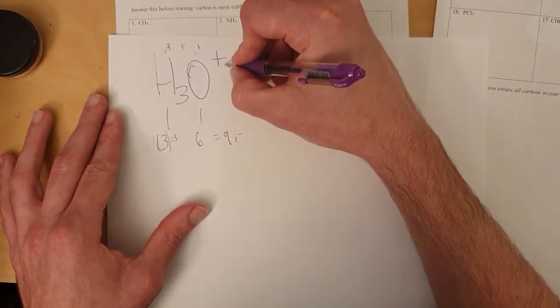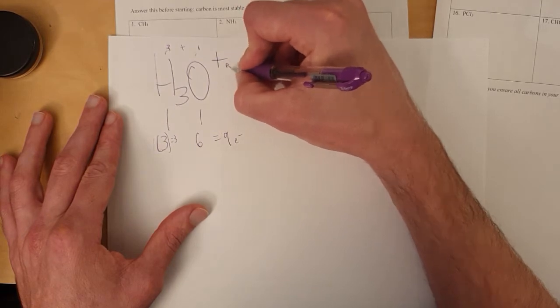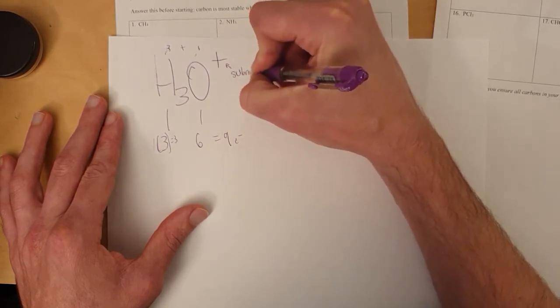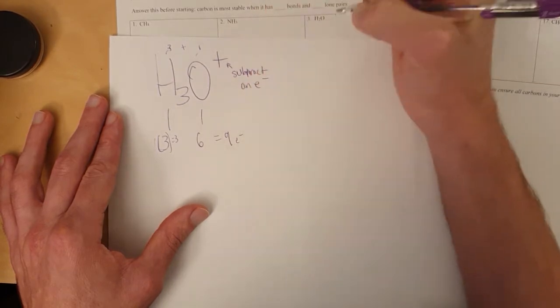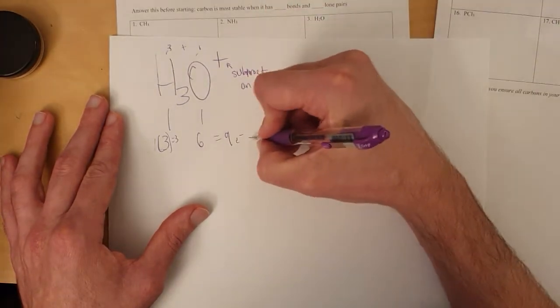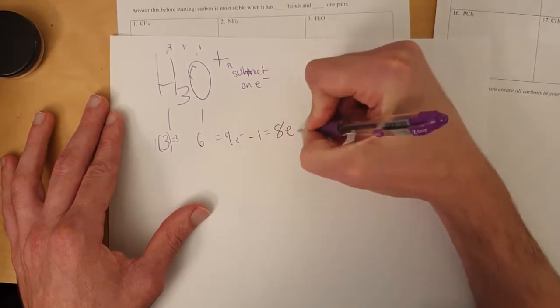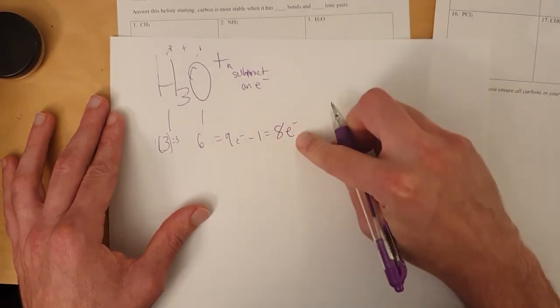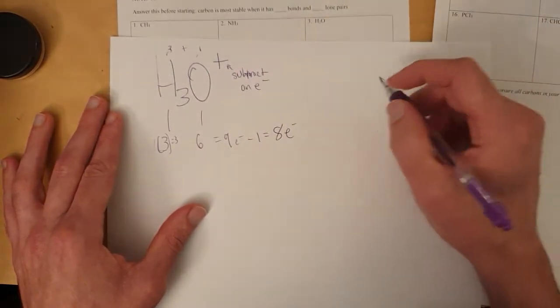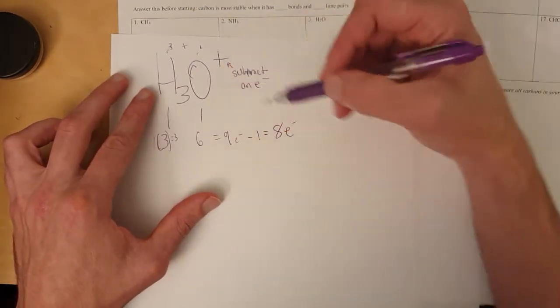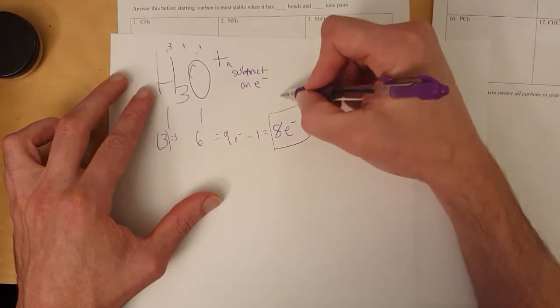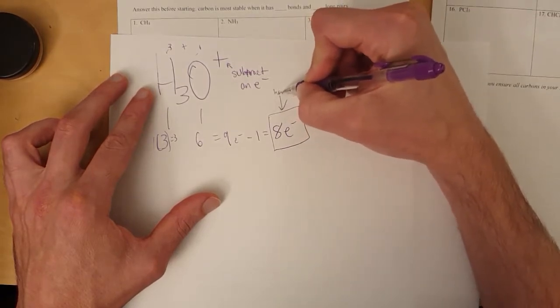And then because it's got that positive charge, this means subtract an electron. So 9 electrons minus 1 equals 8 valence electrons. So 8 valence electrons belong in this molecule. Step 1 is calculate how many electrons, and this is how many electrons.